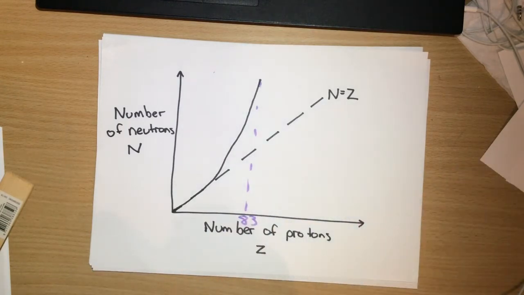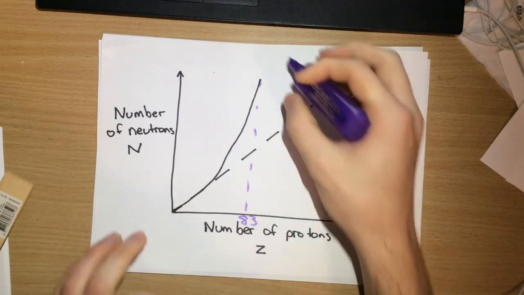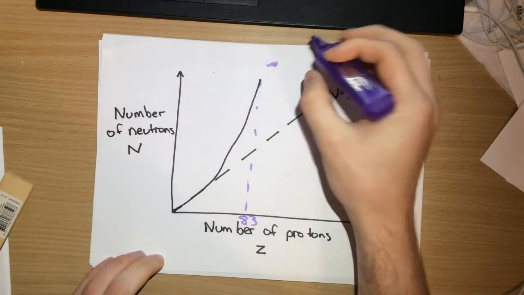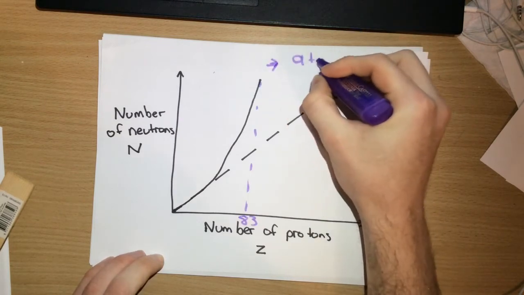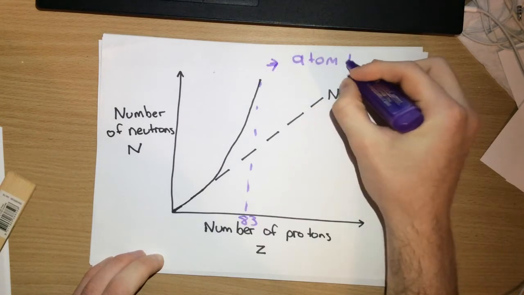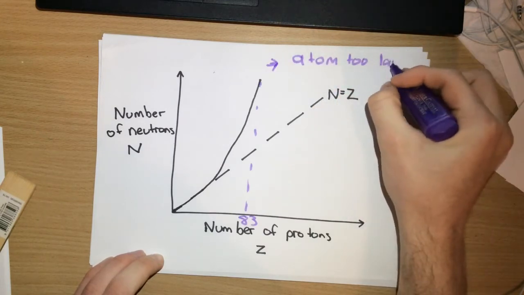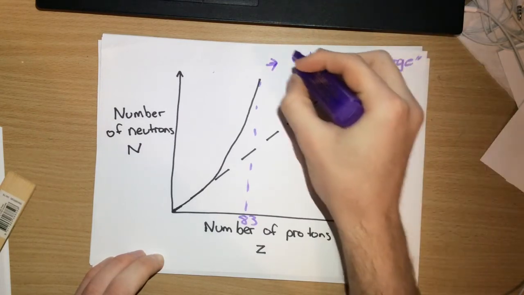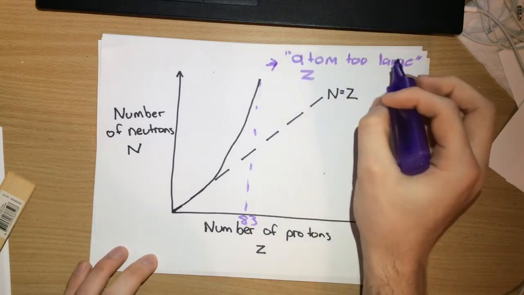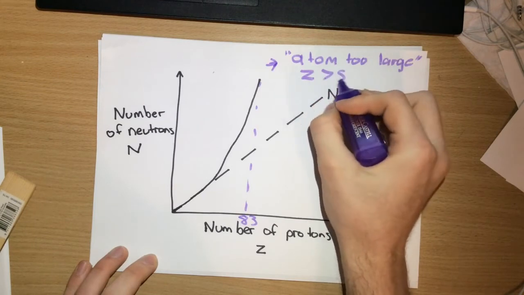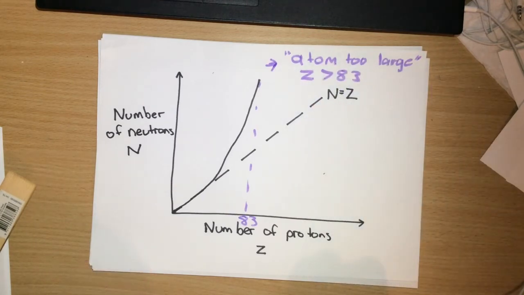Beyond that we don't have any stable nuclei. So beyond this point, atoms are too large. It's a bit of an informal definition, but we say atoms are too large. Their atomic number Z is greater than 83.